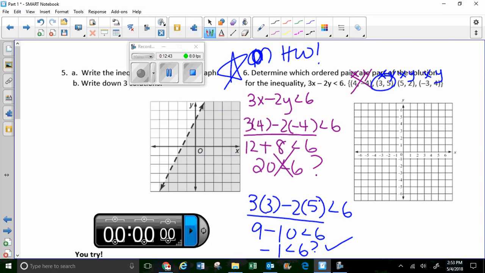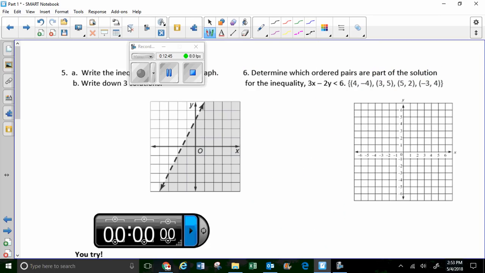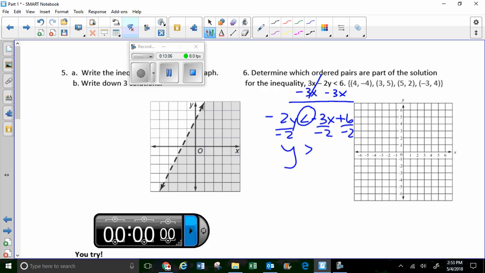But another way to do it, and since we're graphing, that's what we're going to do. We're going to graph. So let's go ahead and just solve this inequality for y. So move your x term, putting x first, divide both sides by -2, which means you need to flip your inequality symbol, because I divided by a negative.